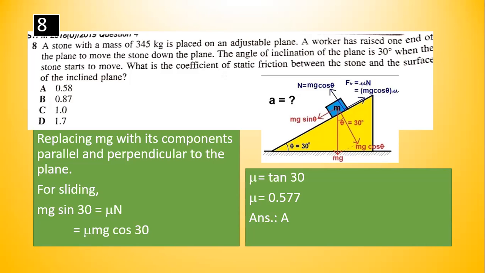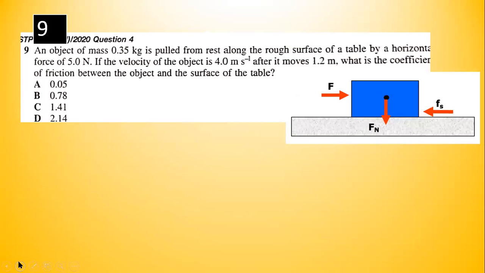Okay, next question. An object of mass 0.35 kilogram is pulled from rest along a rough surface of a table by a horizontal force of 5 Newton.